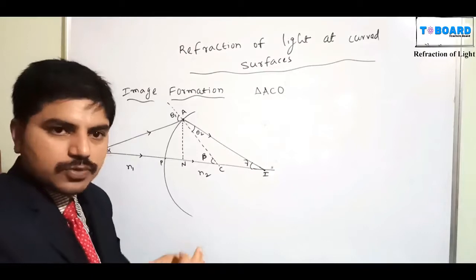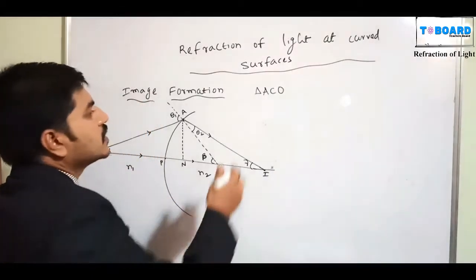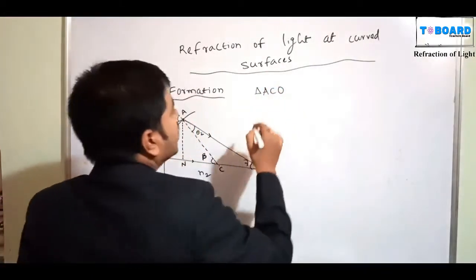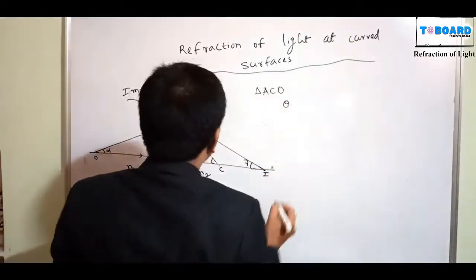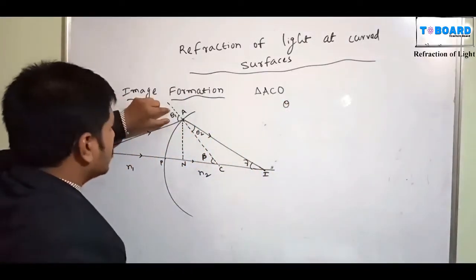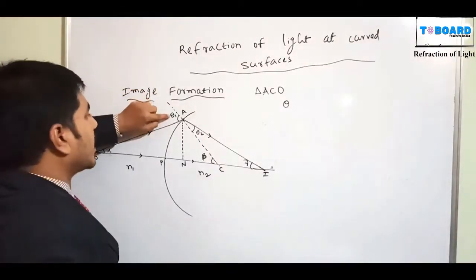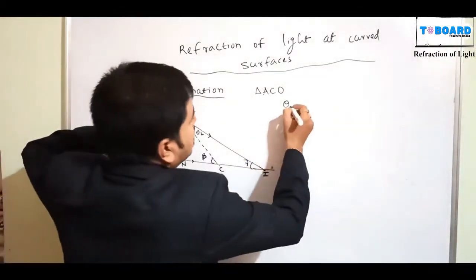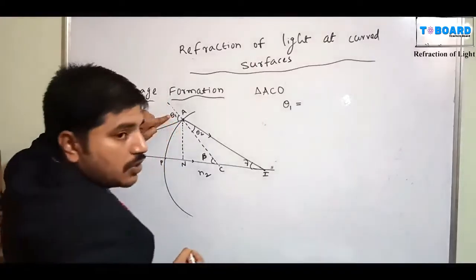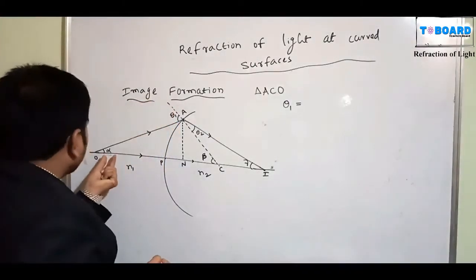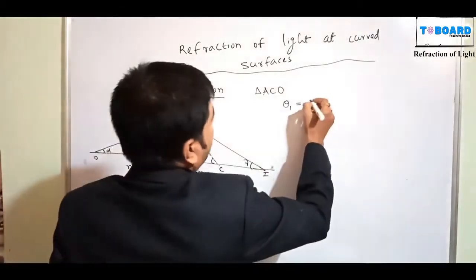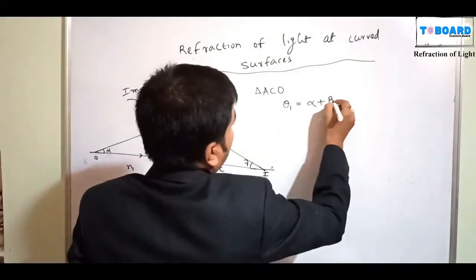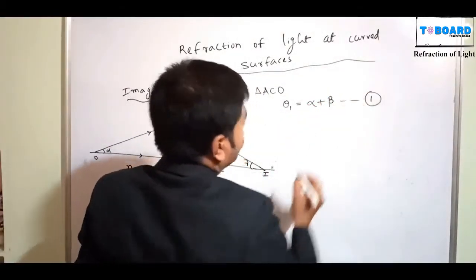Yes or no? According to mathematics, the exterior angle is equal to the sum of the interior opposite angles. For example, external means outside of the triangle. What kind of angle will it be? Theta 1. So theta 1 is equal to alpha plus beta, since alpha and beta are the interior angles. This is the first equation.